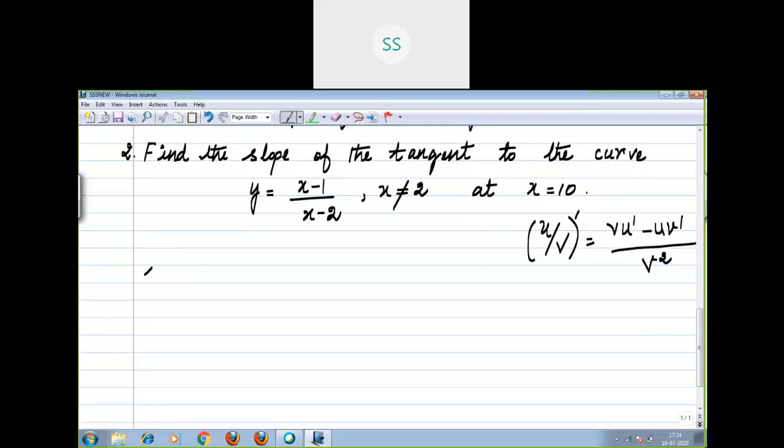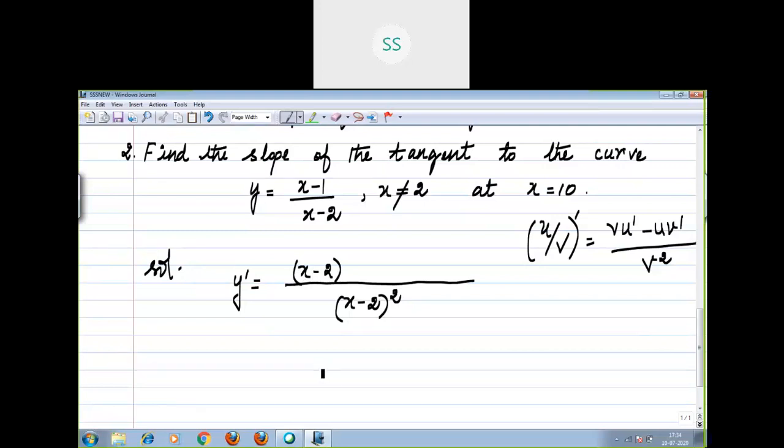Now I am going to differentiate, right? Using u by v quotient rule. y dash equal to, what is your v here? x minus 2 the whole square, right? Now your v is x minus 2.